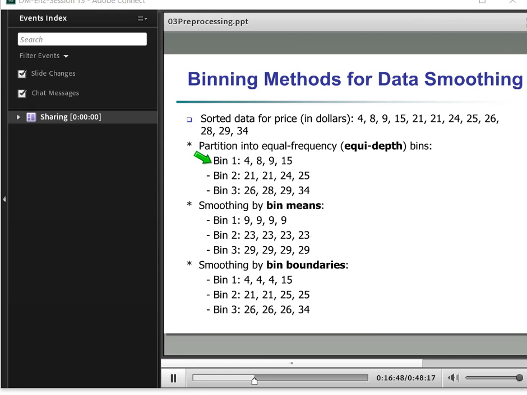After making the bins, as we talked about in the past, maybe my results are affected by noise or outliers. So I can apply smoothing techniques on the data of each bin.